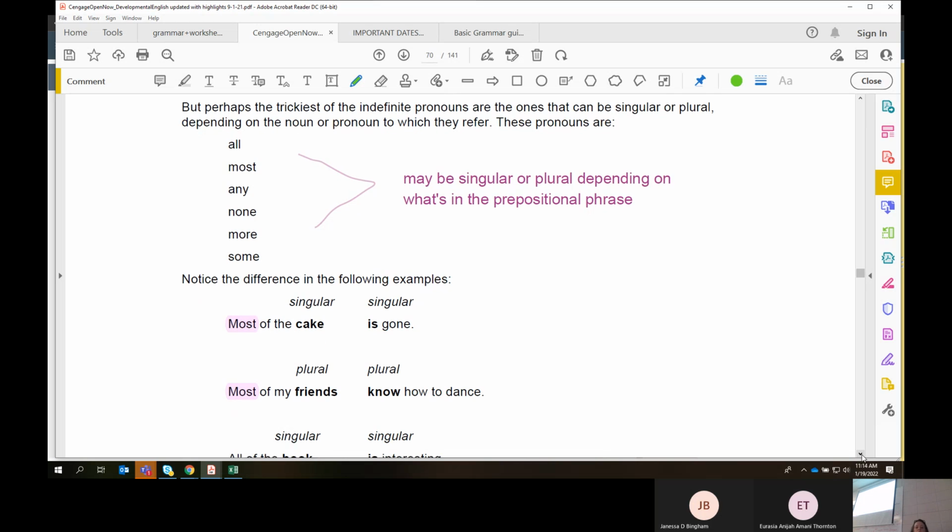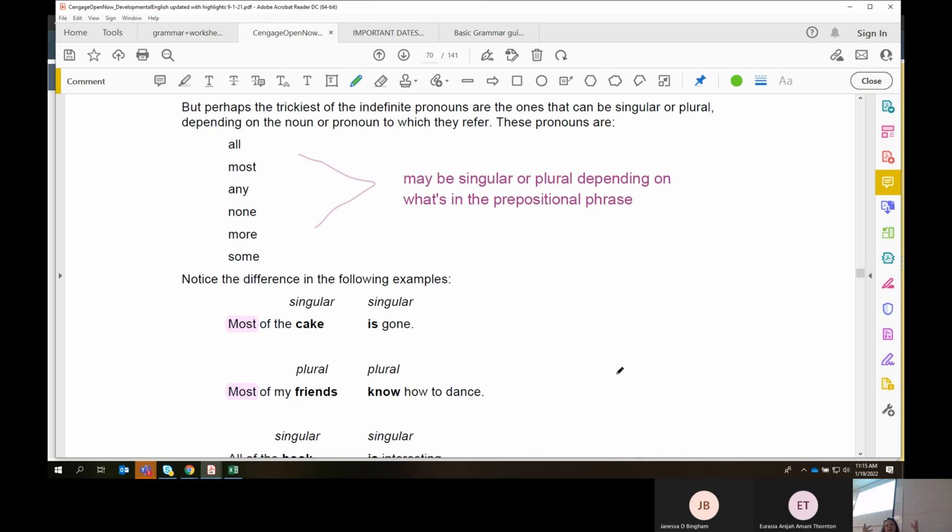So the verb depends on whether it's singular or plural in this situation. For just this situation. If it's those other ones, you can count on them. They're singular or they're plural, and that's the end of that story. But with these particular ones, you've got to look in the prepositional phrase. So like in this sentence, you know the friends are the ones that are doing the knowing and they're doing the dancing.